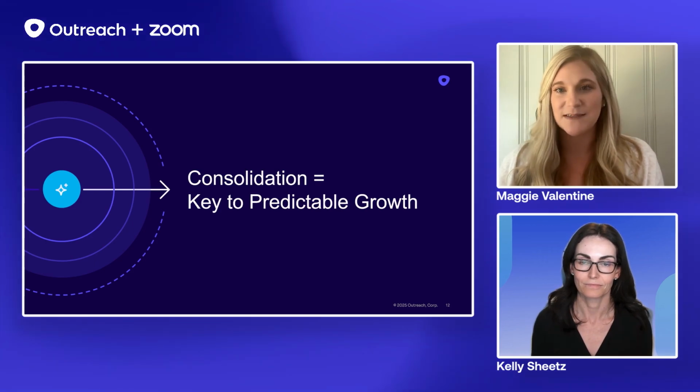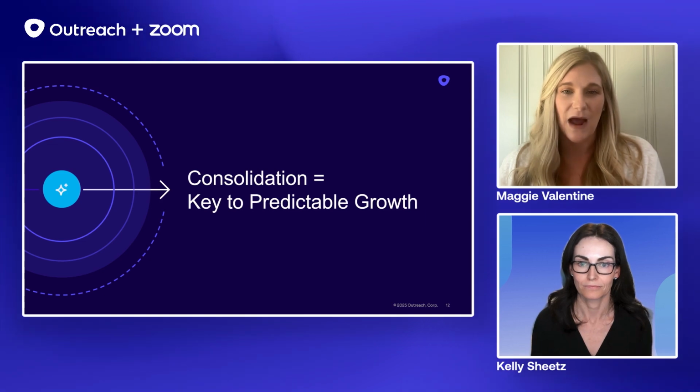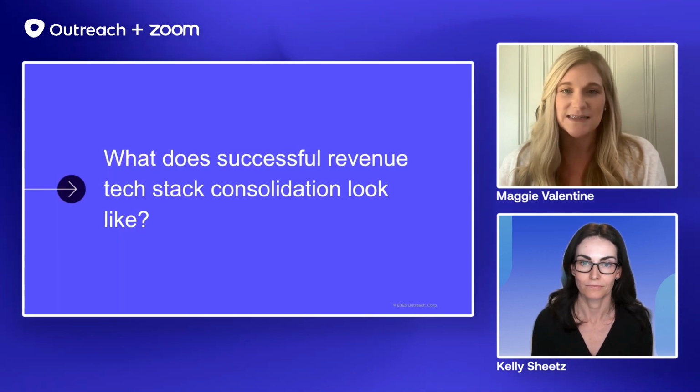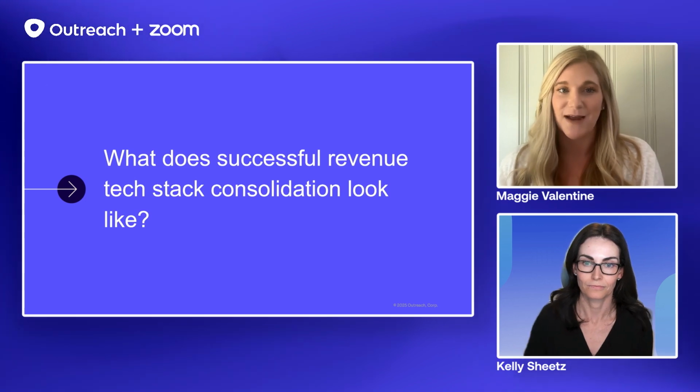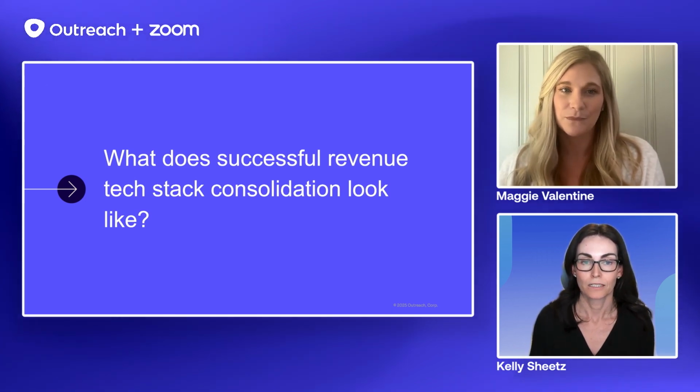But what that doesn't necessarily mean is just a single tool. It just means tools that work very well together and are consolidated into a workflow. And so how are we thinking about what success looks like for successful revenue tech consolidation? How are you thinking about that at Zoom?